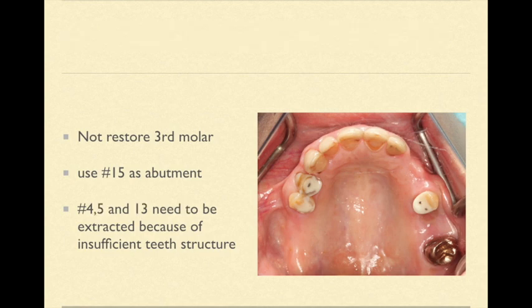However, if in this case I told you we were not going to restore the third molar, we will still use number 15 as an abutment. However, now 4 and 5 and 13 need to be extracted because of insufficient tooth structure. What does it become?